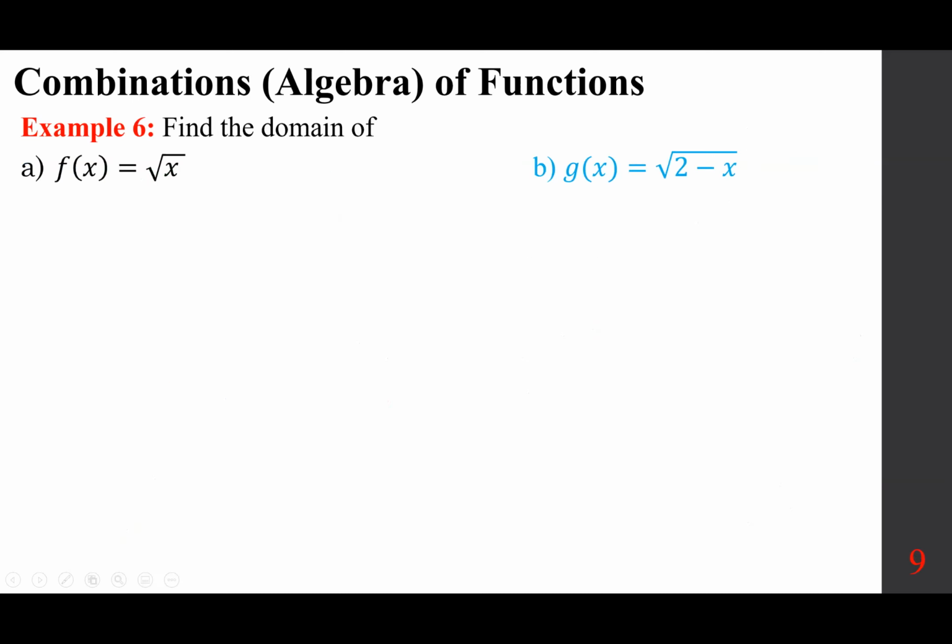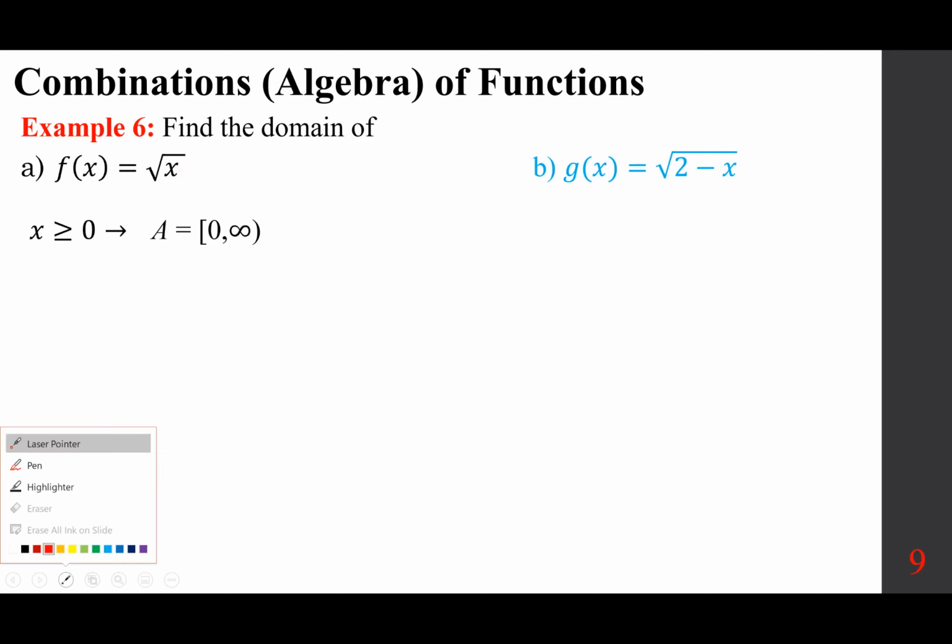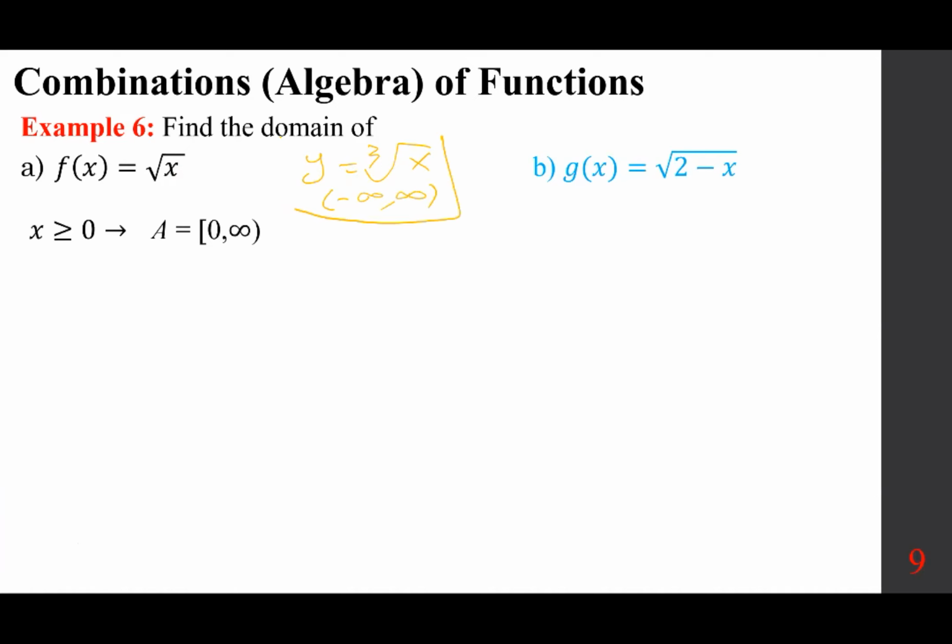We want to find the domain for this function. As you know, when the index is even, what's underneath the radical must be non-negative. That means x is larger than or equal to 0, or 0 to infinity. On the other hand, if we had y equals cube root of x, the domain could be negative to positive infinity, okay?